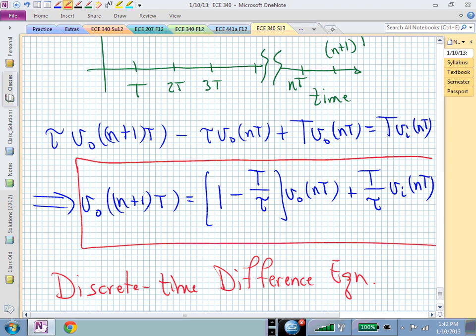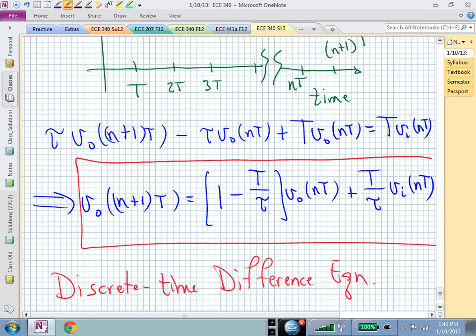Now when I say low-pass filter, you can maybe see the frequency response. You can see a circuit, an RC circuit. You can see, what else? A differential equation, a difference equation. What have we forgotten? A Bode plot, a transfer function.